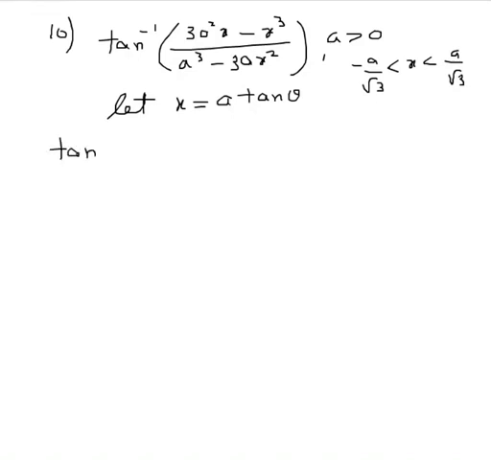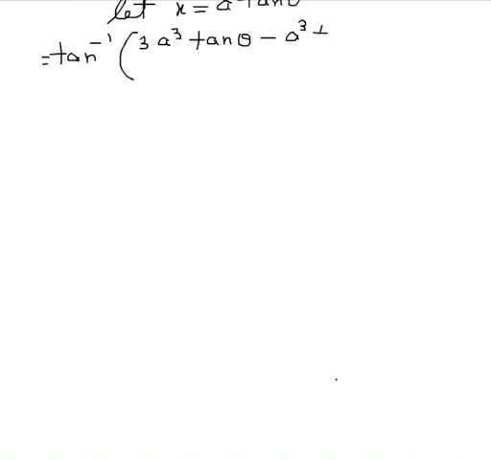Therefore the function becomes tan inverse of 3a cube tan theta minus a cube tan cube theta divided by a cube minus 3a squared into a squared tan square theta, so a cube tan square theta.